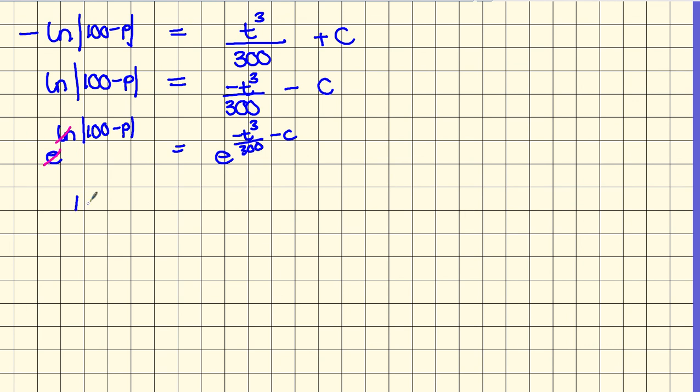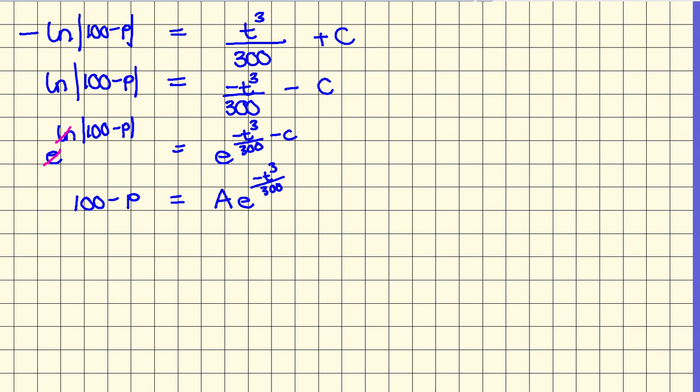So that leaves me with 100 minus p equals, same with this part. Now I know I've got a minus c here, but c is just a constant, so that'll adapt to whatever's in front of it. And we're going to write that as a capital letter A. Just like this. So 100 minus p equals ae to the power of negative t cubed over 300.